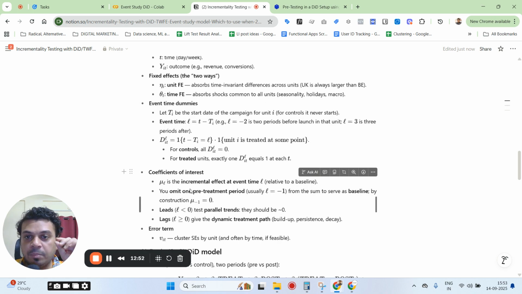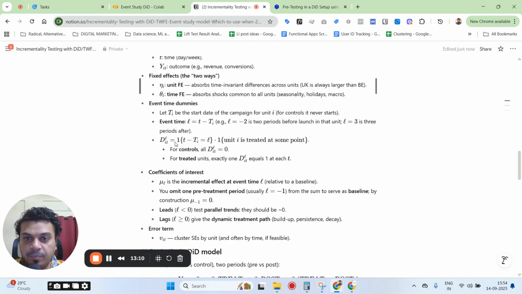So it has to be treated. If the unit is not even getting treatment, not even part of the test, then obviously it becomes 0. As you can see, for controls it becomes 0, but for treated units it becomes equal to 1 at each time point t, because there is a certain lag.